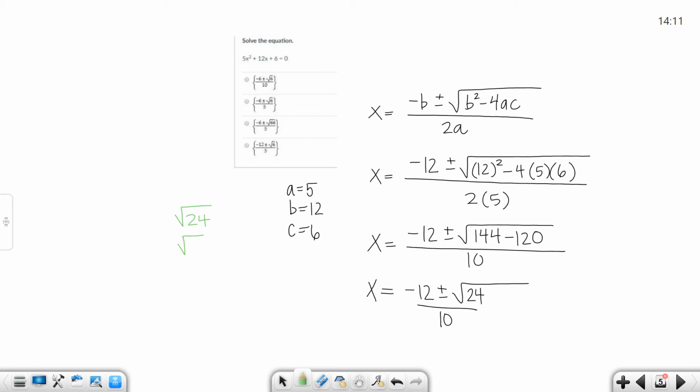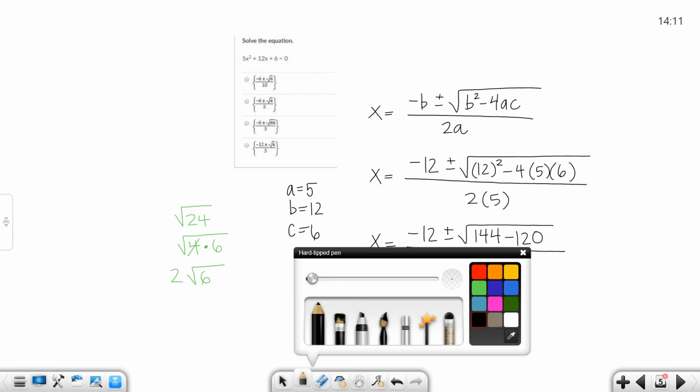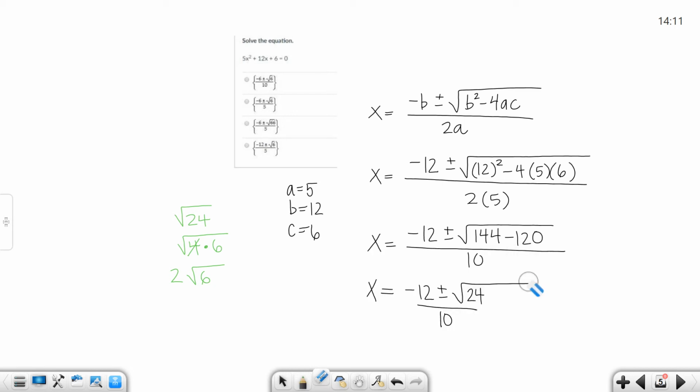To simplify that, you know that 4 is a perfect square, and 4 goes into it 6 times. So the square root of 4 would be 2 on the outside, and the square root of 6 is left underneath. So simplifying this, you would get 12 plus or minus 2 square roots of 6 all over 10.